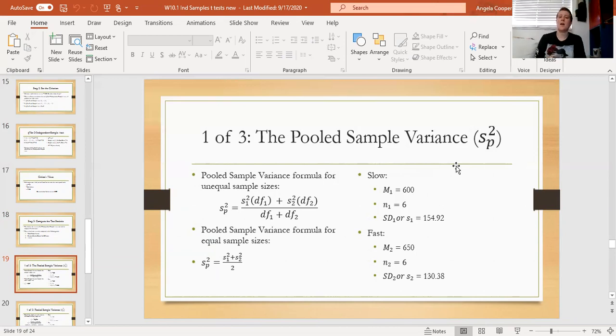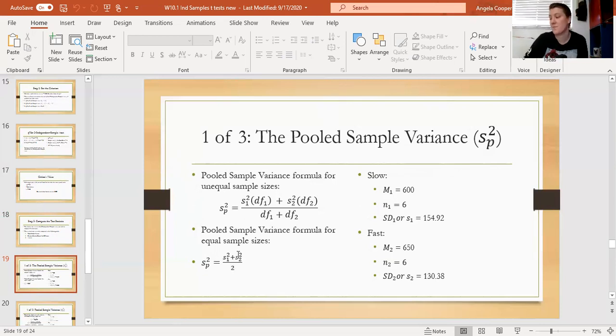Now, there are two different formulas for the pooled sample variance. How do you know which one to use? Well, look at the sample sizes. If the sample sizes are equal, meaning that they are the same size, you would use this second formula. It looks so much nicer, doesn't it?